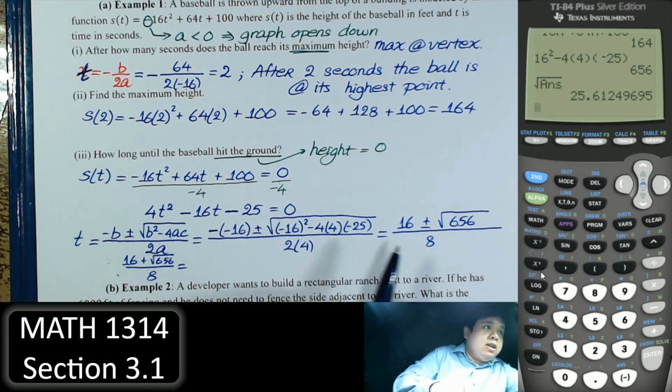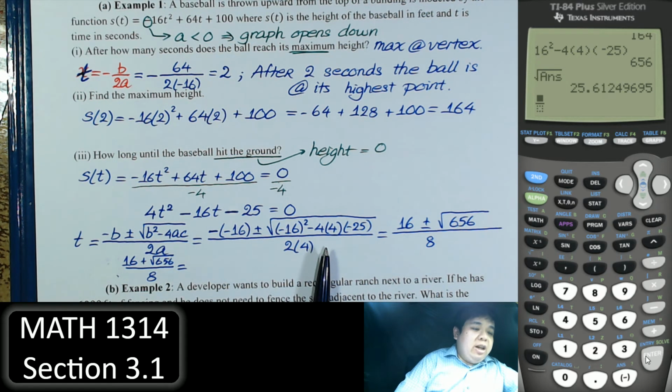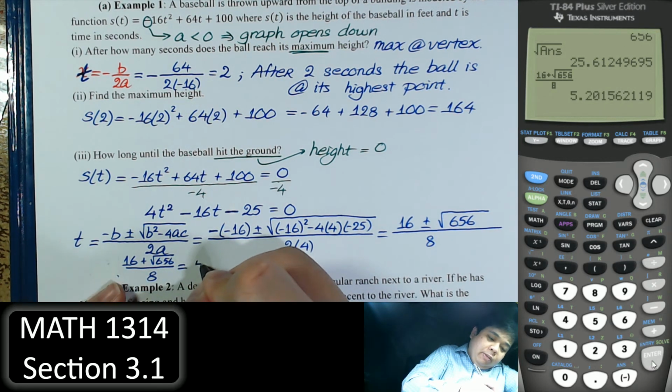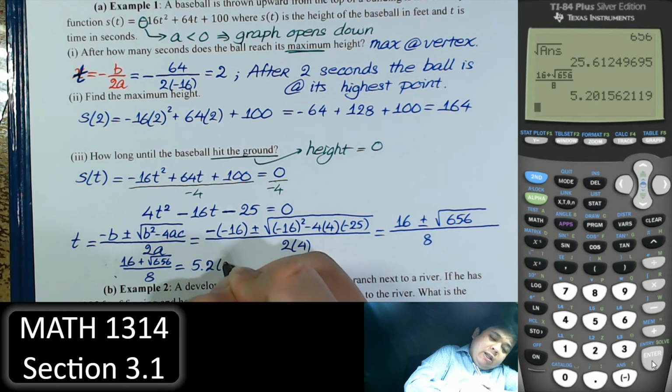If we do that, I will just use a fraction here, and then 16 plus square root of 656 divided by 8 is about 5.2. So it is about 5.2 seconds.